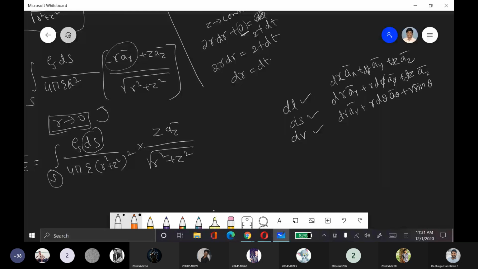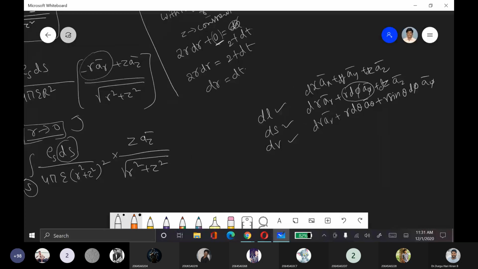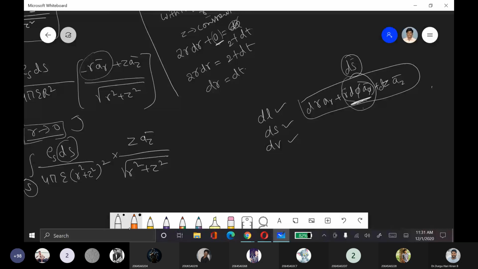Here you can observe clearly the center part. My intention is only this one, not the others, because for ds bar this is what we have seen. This is your ds, the surface area, where it contains both the values. This is our main intention here.